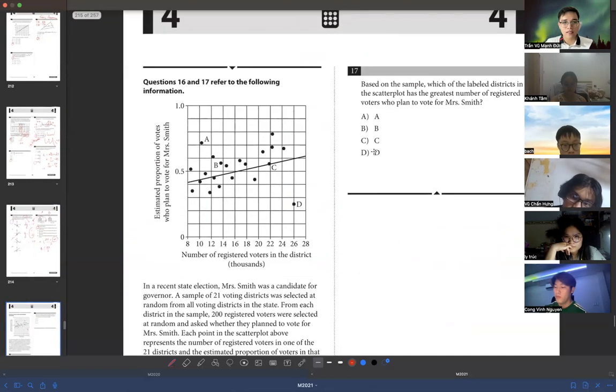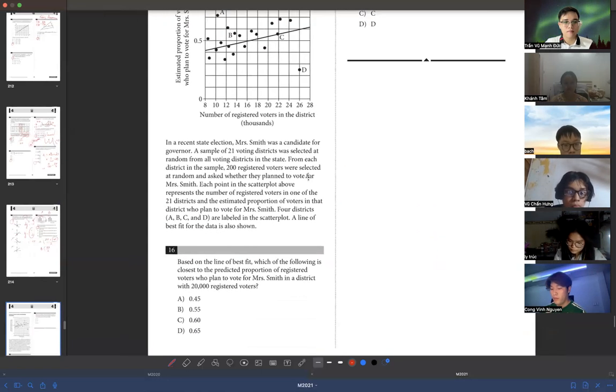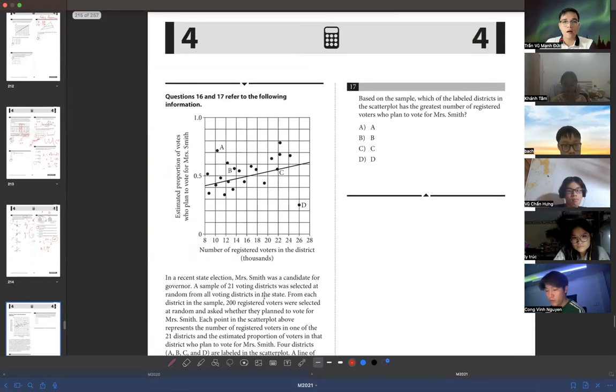Next up is 16. 16B, based on the line of best fit. Yeah, very simple, 16B. All right, next up, let's go back to the tab.